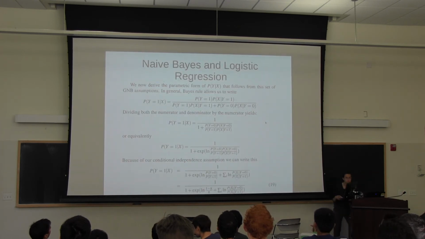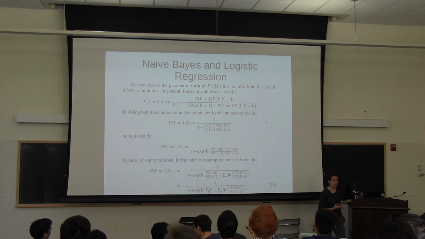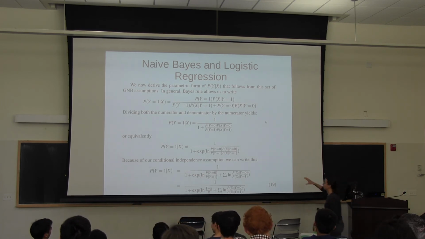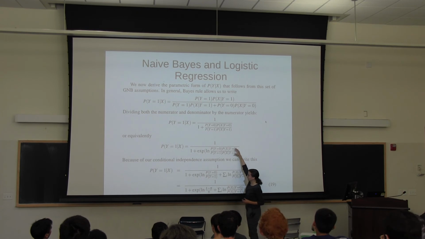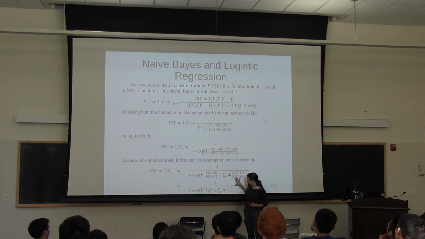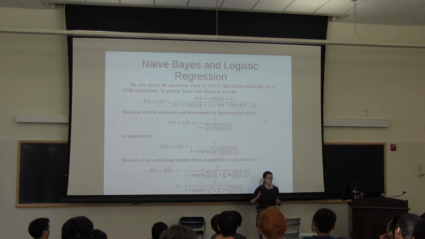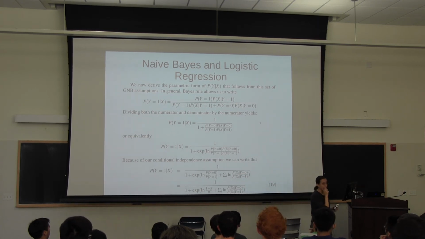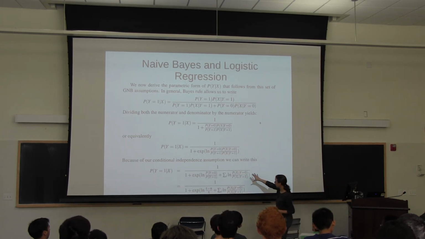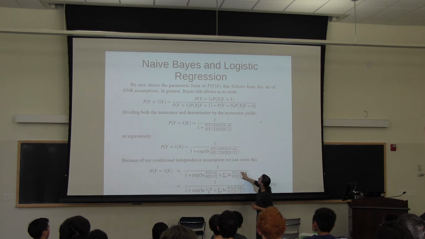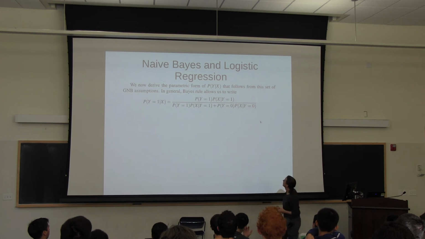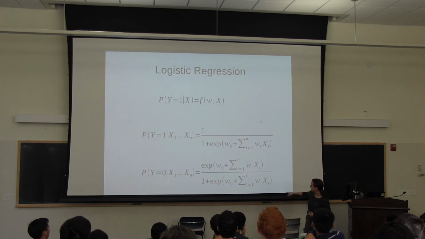This is the derivation of that relation, if you remember from last time. We did this algebra and got to this parametric form where we could plug in the parameters for naive Bayes, which we computed the analytic way. But I am free to replace these with W's and optimize them in some other way.